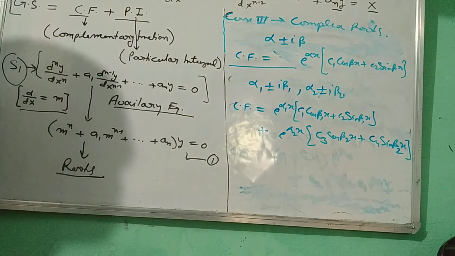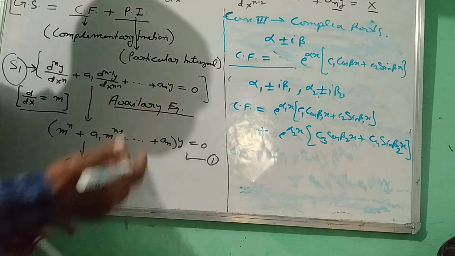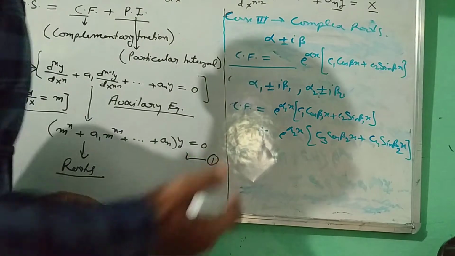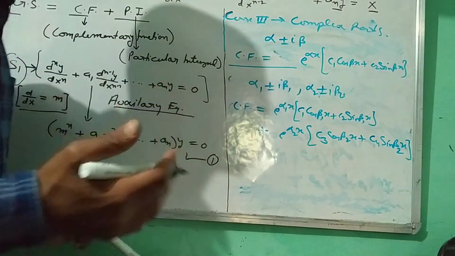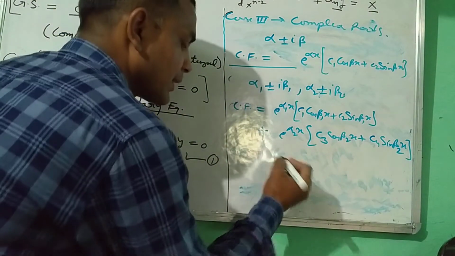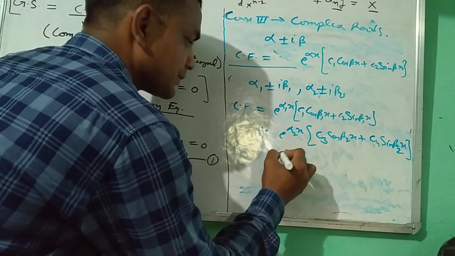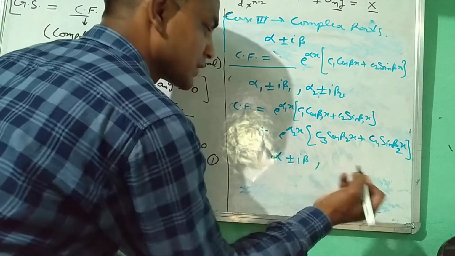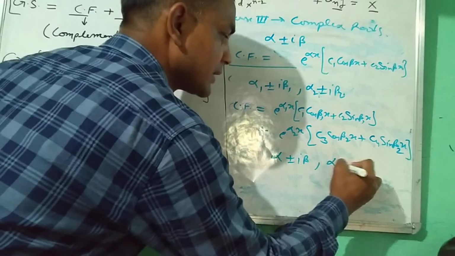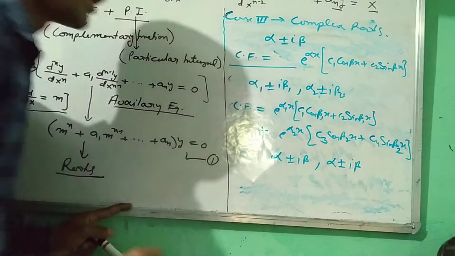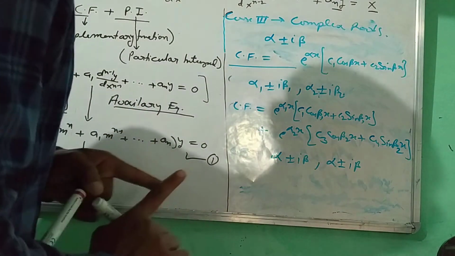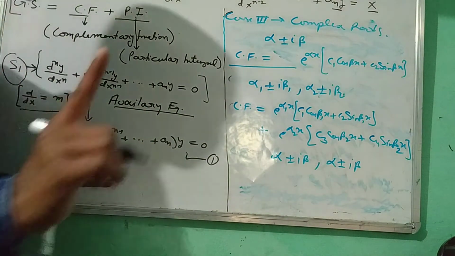Similarly, among complex roots, the next case is if two complex roots are the same. Suppose the complex roots are alpha plus minus i beta, and the other complex roots are the same, alpha plus minus i beta. We have four roots, but in pairs two complex roots are the same.